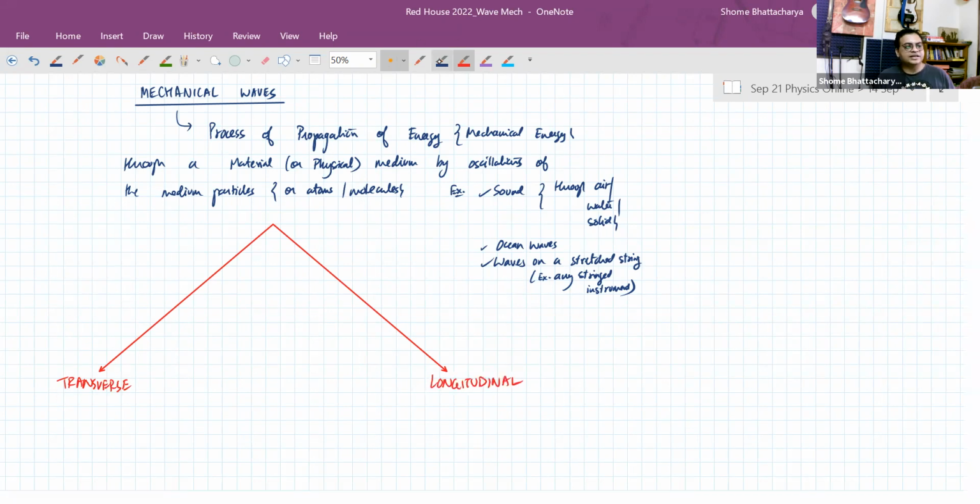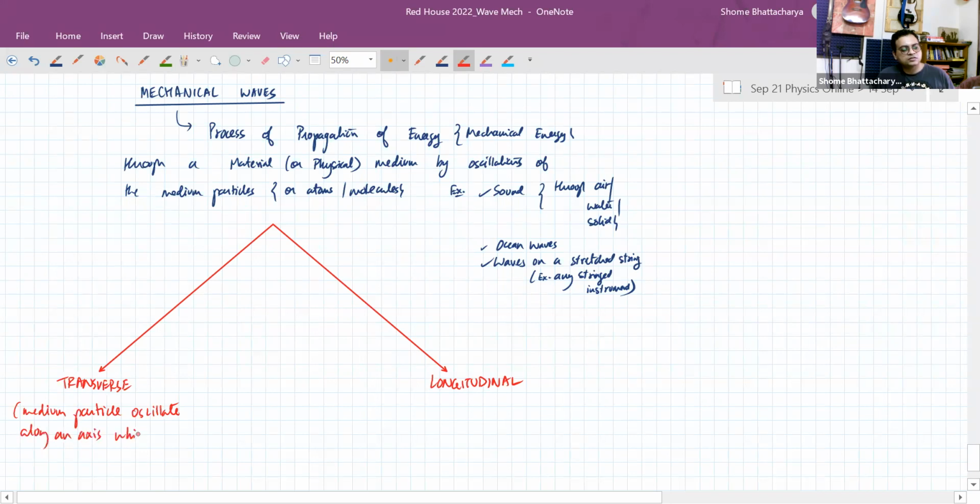So transverse mechanical waves are those where the medium particles oscillate along an axis which is perpendicular to the direction of energy propagation.